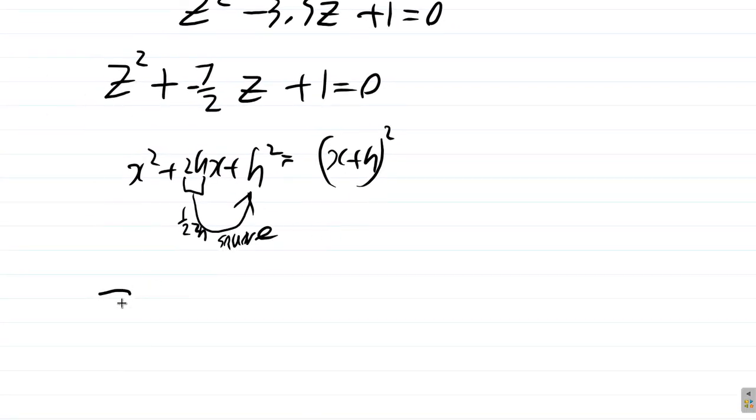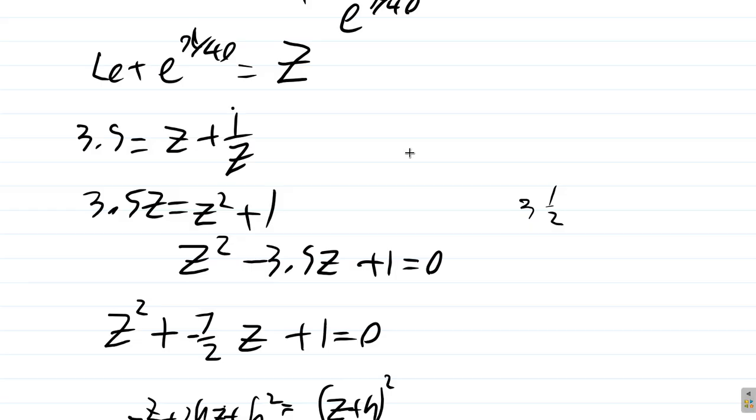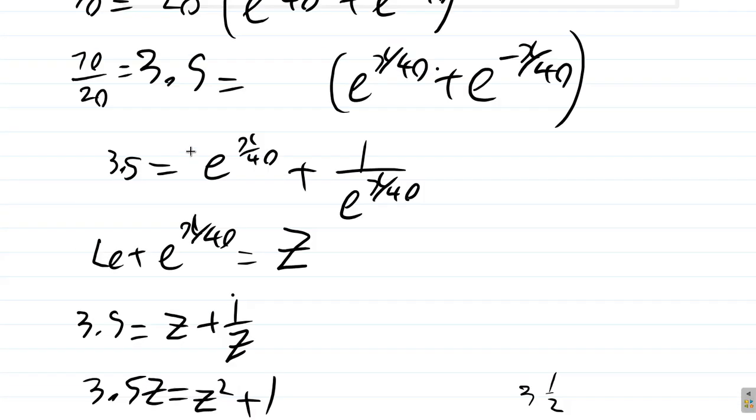Now, at one end you have z squared, then plus the 2h, which will be negative 7 over 2. I put x here as the general case, but let's change it to z, since we had x there already.